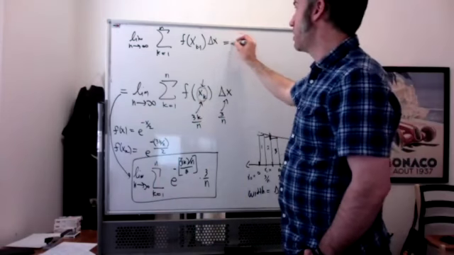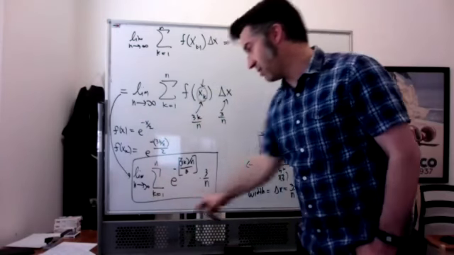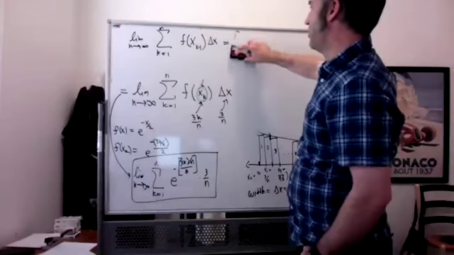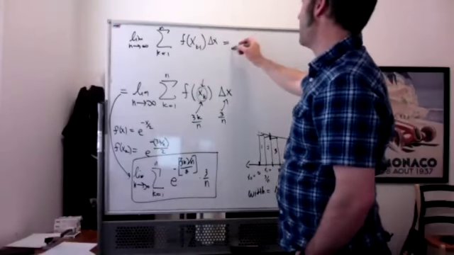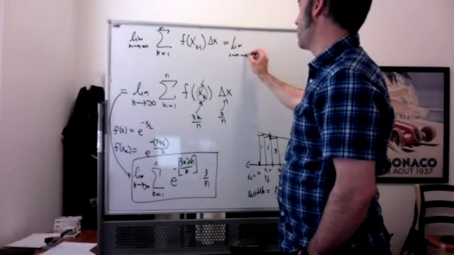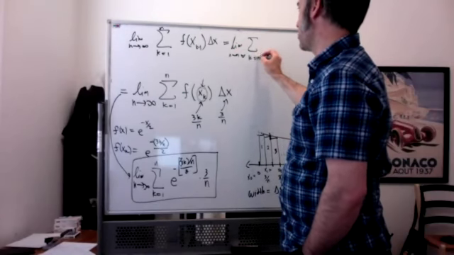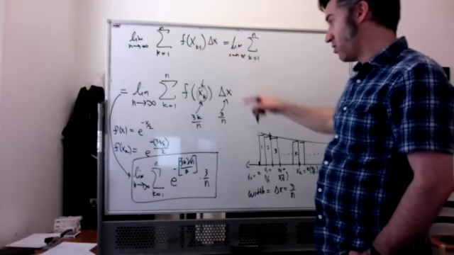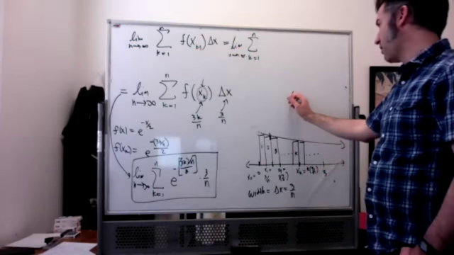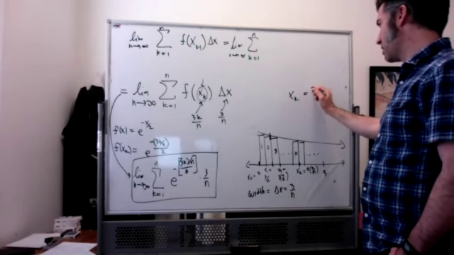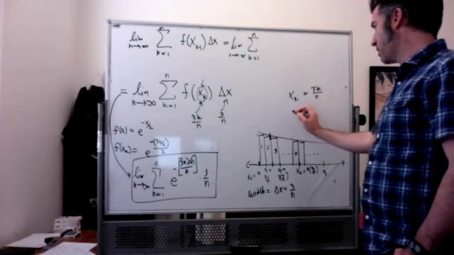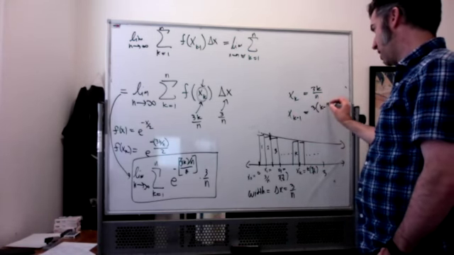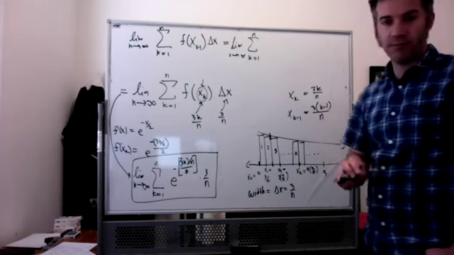So that's going to equal this same integral. Sorry, it's not the integral, it's the same limit. So it's the same limit, n goes to infinity, of the sum from k equals 1 to n. But now instead of f of x sub k, where x sub k is 3k over n, x sub k minus 1 is 3 times k minus 1 over n.